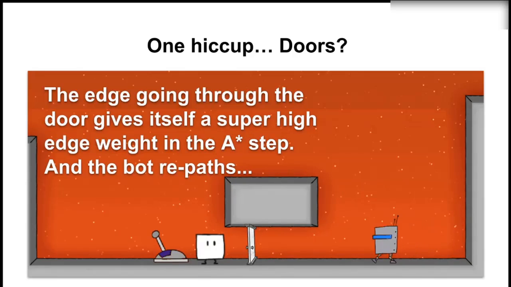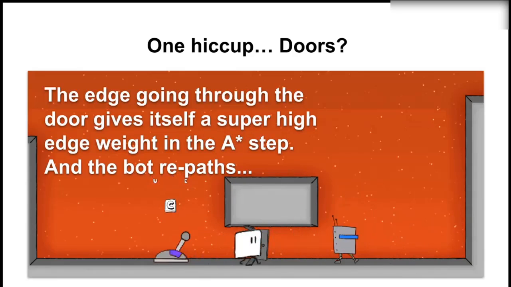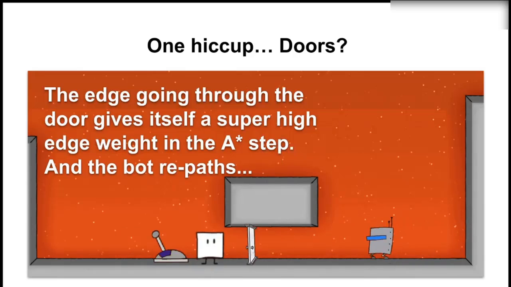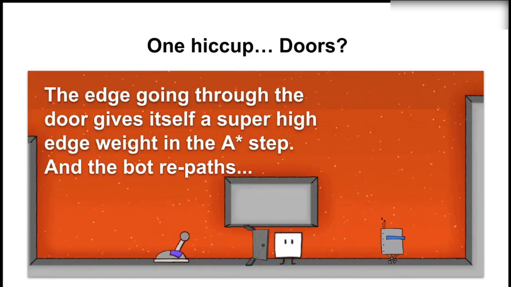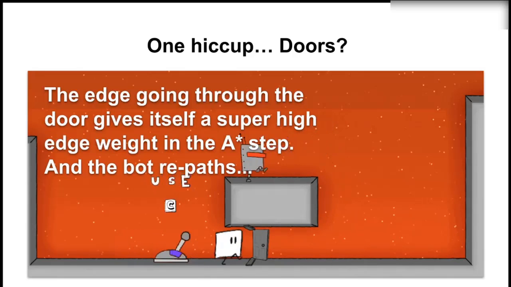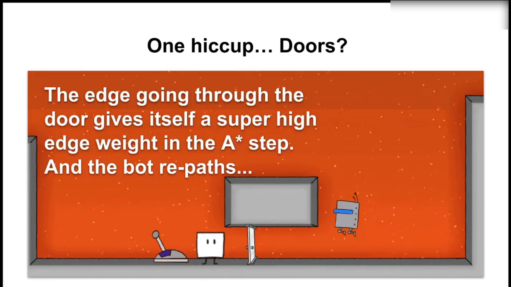So the weight is a mixture of what type it is and also the physical length of the edge. If you have a jump that's really long, that will lead to a higher edge weight than something that's really short. It may just be that that jump was the most efficient way to get there, even though it was long.